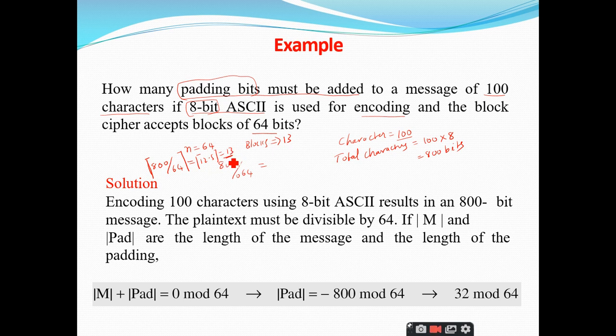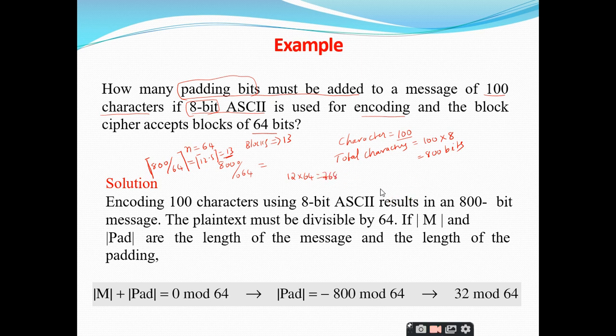But the last block is not completely filled. Why? Because what is 12 into 64? 12 into 64 is 768.